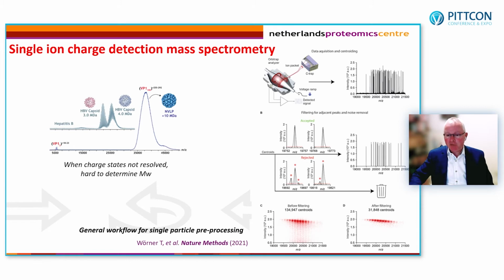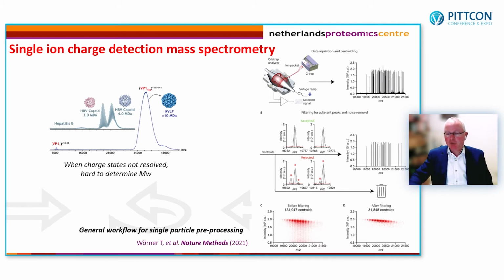If it decays, it actually gives not an ideal Fourier transform peak, as you see here at the bottom. And these decayed peaks, we actually reject and take out of the spectrum. So we filter those out, and we are left with the beautiful ions that survive the whole transient time.